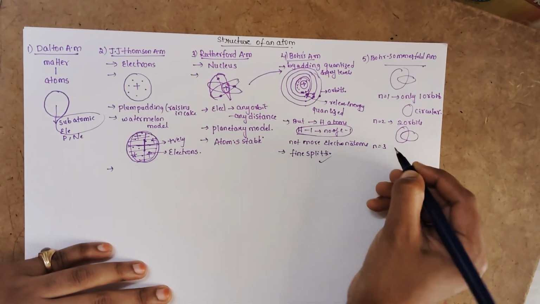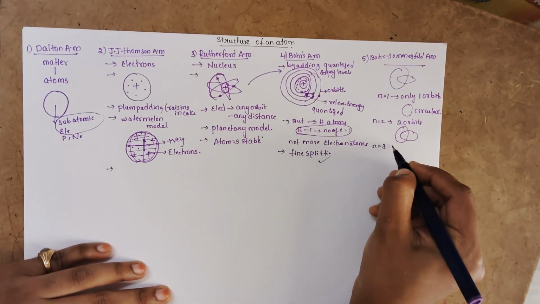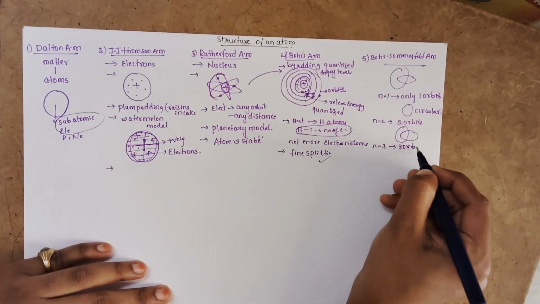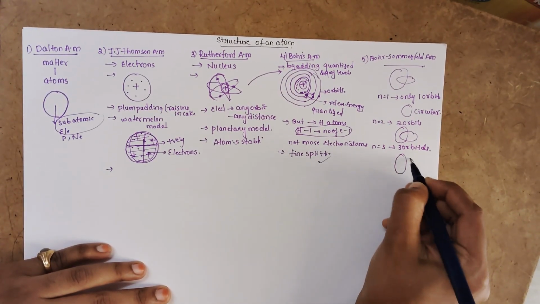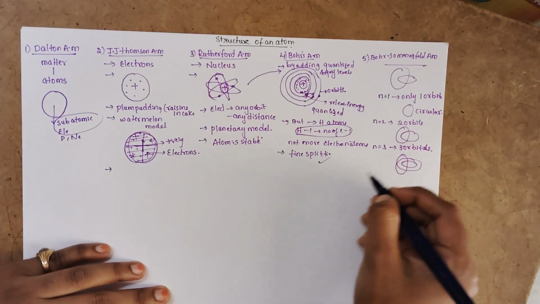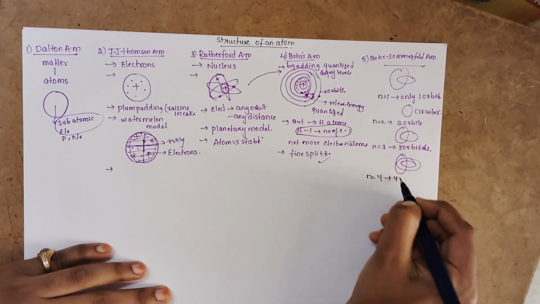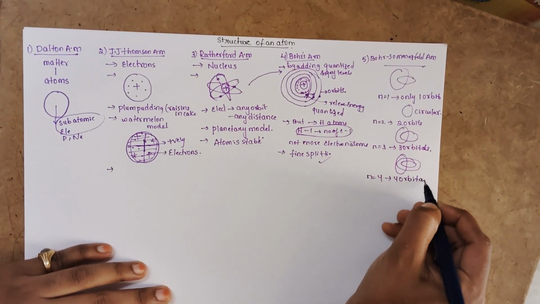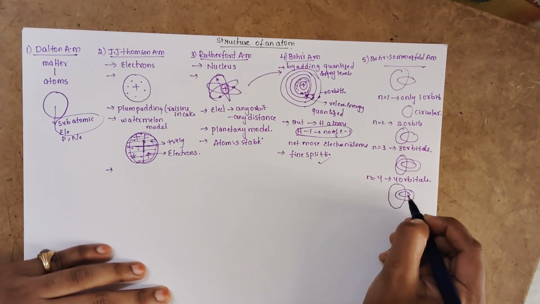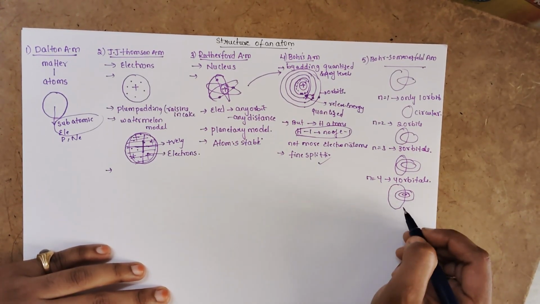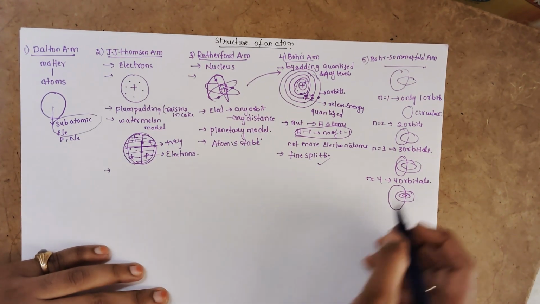If n equals 3, it has three orbits, one circular and two elliptical. If n equals 4, it has four orbits, means one circular and three elliptical orbits are present.